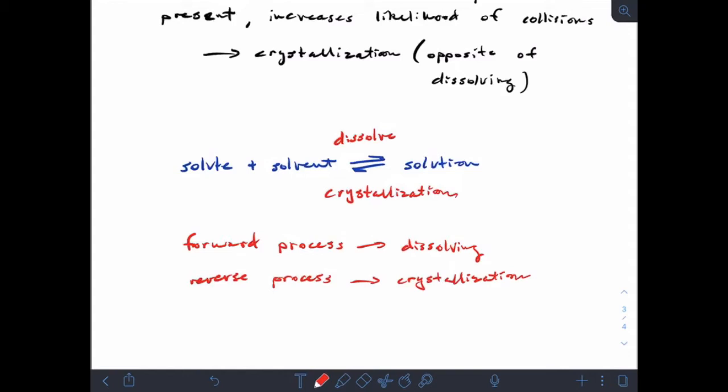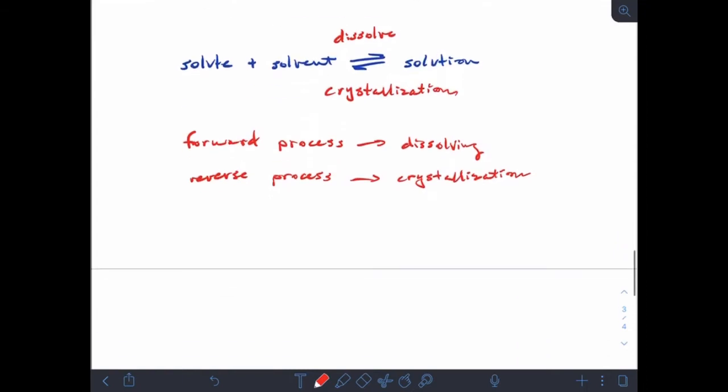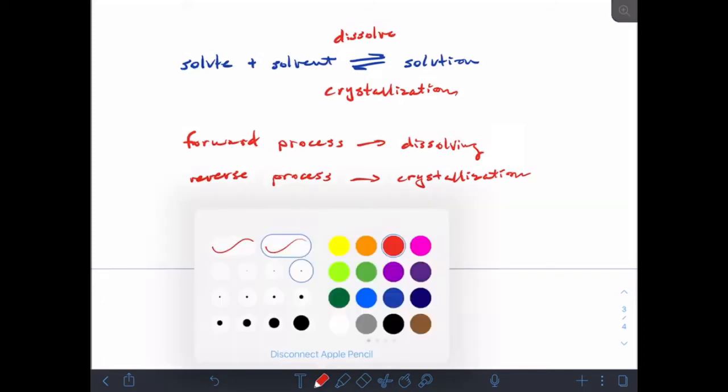Okay, or undissolving. Now here's the kicker. So that double-headed arrow, I used the word equilibrium. Okay, so when both processes are equal, we have what's called a dynamic equilibrium.